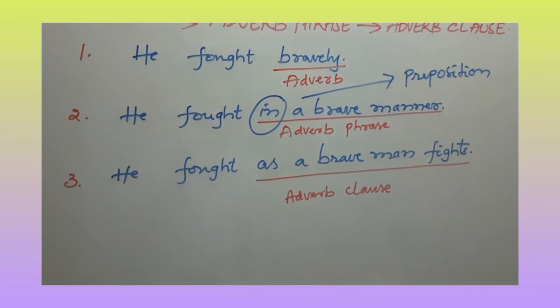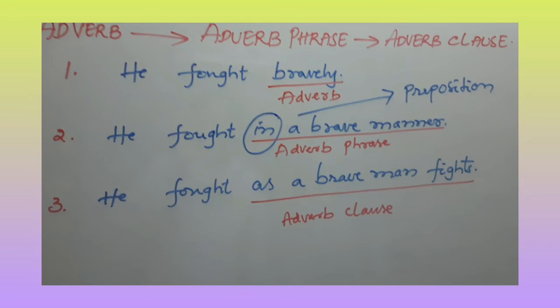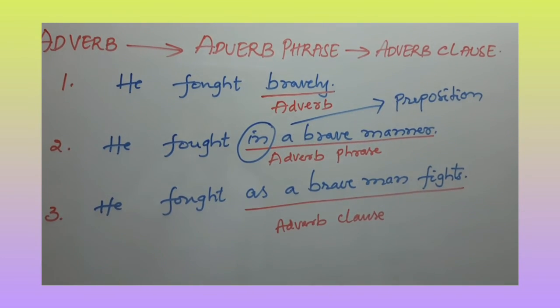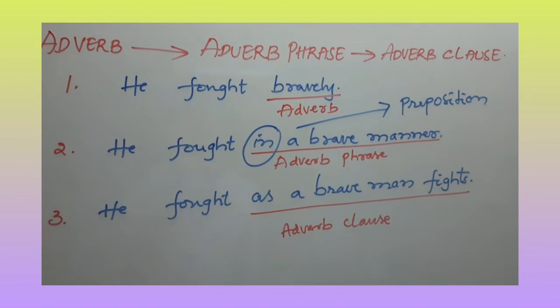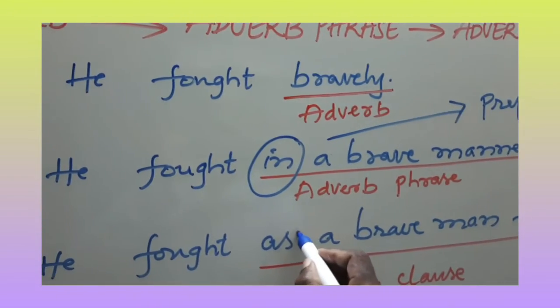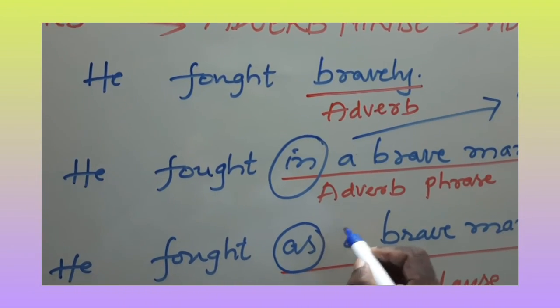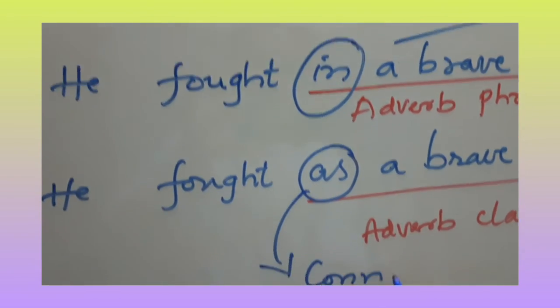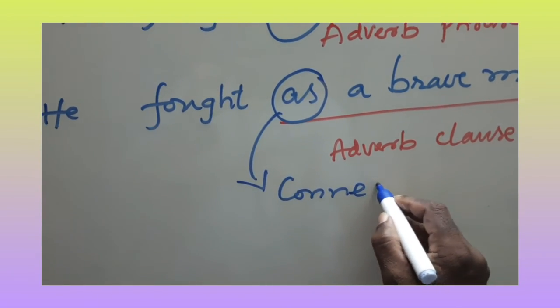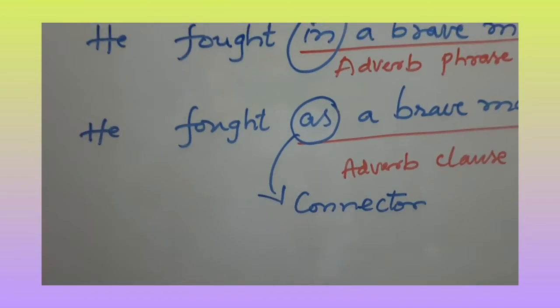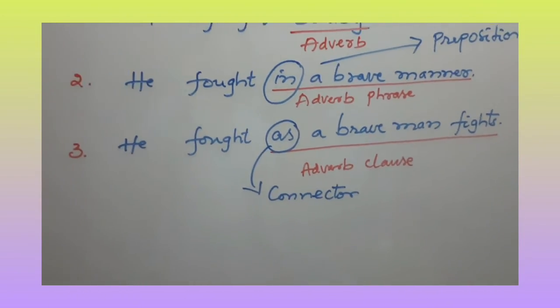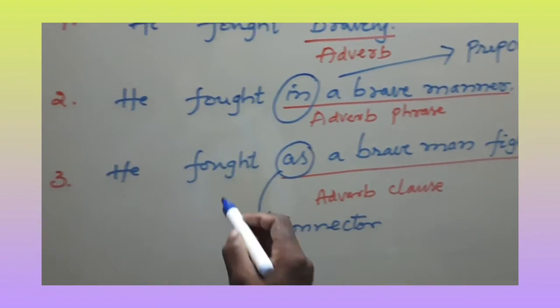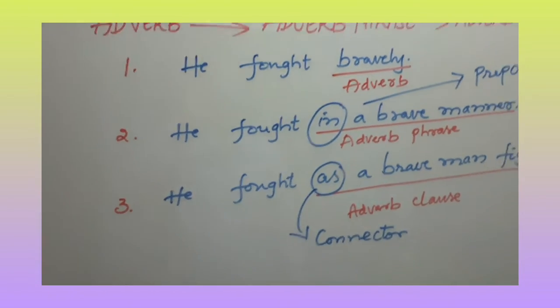Third one, he fought as a brave man fights. Here you can see as is a connector. So this is the subordinate clause, this is the main clause.